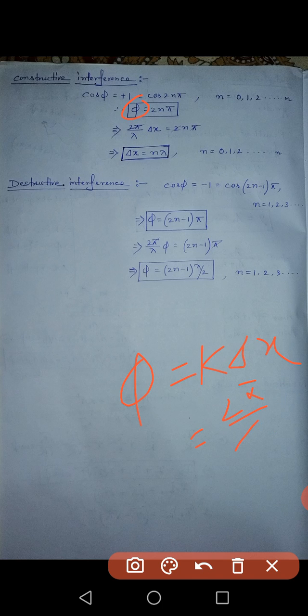From this 2 pi gets cancelled, and we get delta x equals n lambda. So delta x is the path difference, where n starts from 0. This is the condition for constructive interference in terms of path difference, and the earlier one is in terms of phase difference.